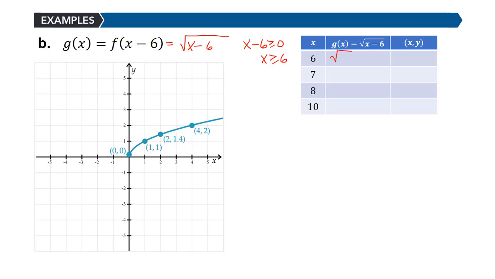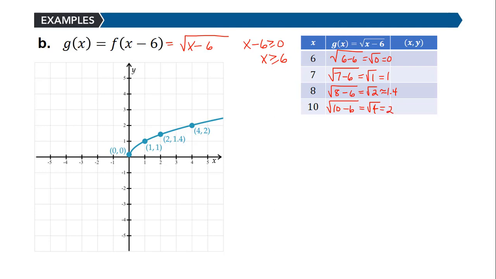G of 6 is the square root of 6 minus 6, or the square root of 0, which is 0. G of 7 is the square root of 7 minus 6, which is the square root of 1, or 1. G of 8 is the square root of 8 minus 6, the square root of 2, which is approximately 1.4. And then the square root of 10 minus 6 is the square root of 4, which is 2.